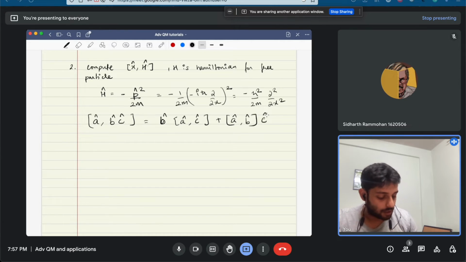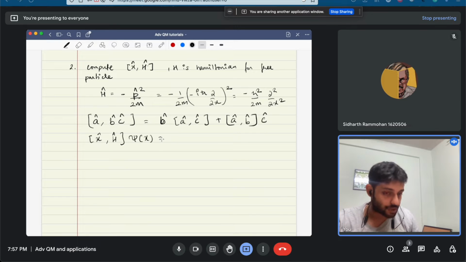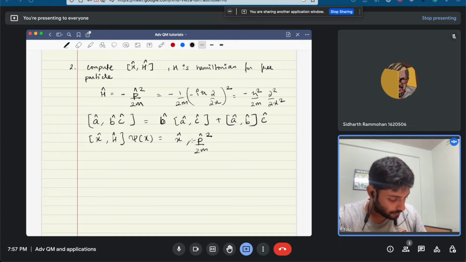So let's find out what the result is. When we have [x, H], we go through the procedure in a similar way as we have done in the first question, and what we get here is [x, p squared by 2m] with a minus sign, acting on psi of x.